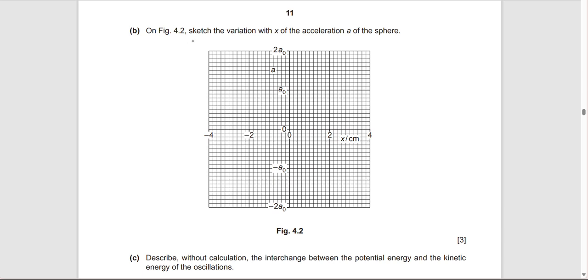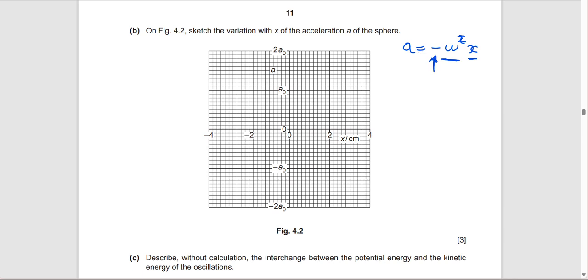On Fig 4.2 sketch the variation with x of the acceleration a of the sphere. Remember, our equation for S.H.M, simple harmonic motion, is a equal to negative omega squared x. This is the displacement, this is the gradient, and it is a negative gradient.